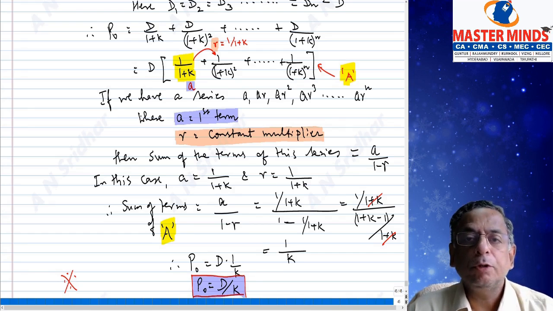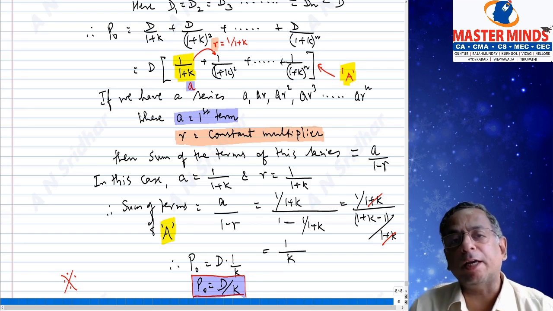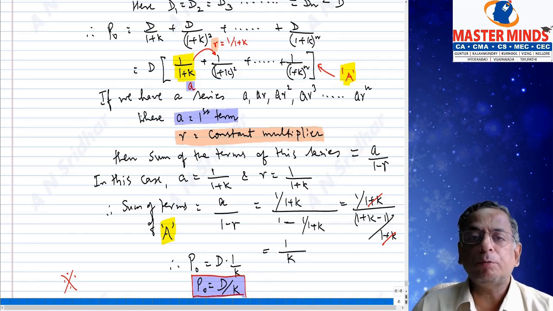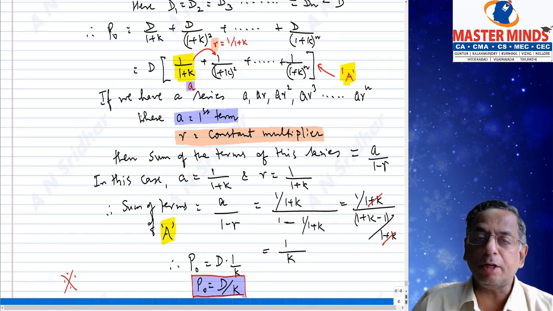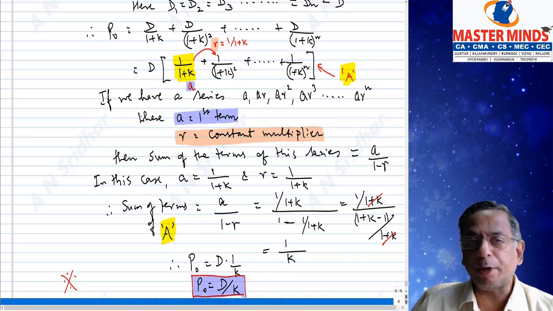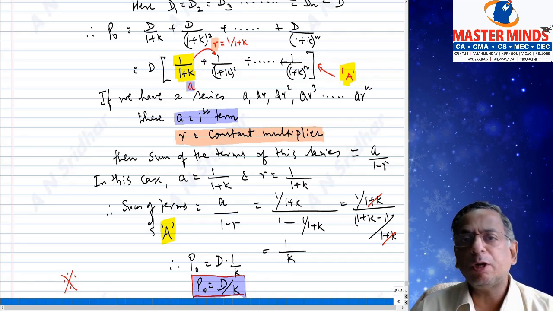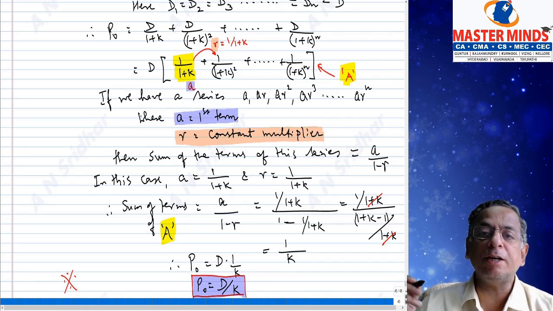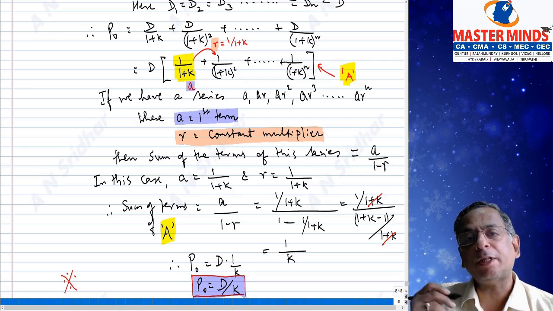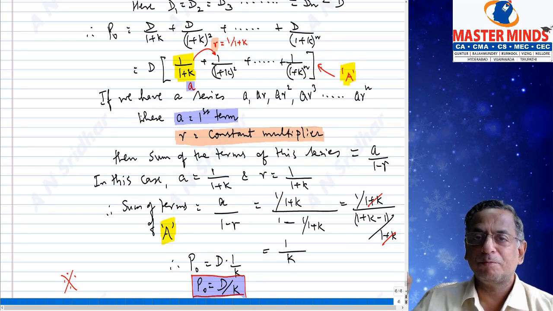Now this was what Gordon said about constant dividend policy, for all those companies which pay the same dividend forever. Now there are other companies which increase their dividend as per their earnings. Suppose earnings grow, they increase their dividend.